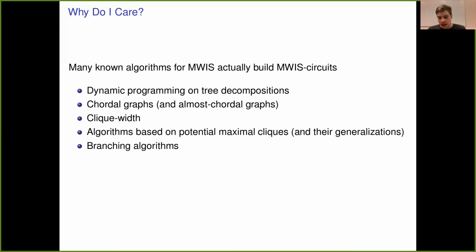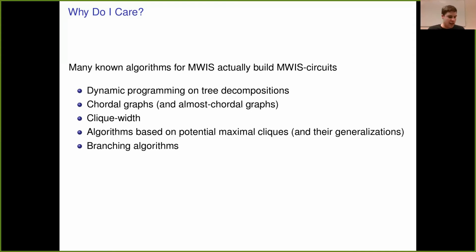We can see that very well-known algorithms like dynamic programming on tree decompositions do this. Some other examples are dynamic programming on chordal graphs, and also almost chordal graphs, and then dynamic programming on clique-width expressions, and dynamic programming algorithms based on potential maximal cliques, and the generalizations of this approach.